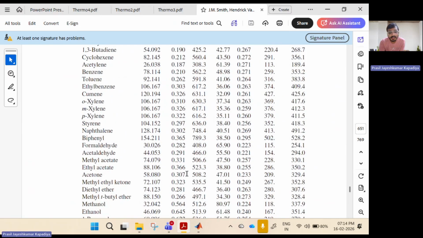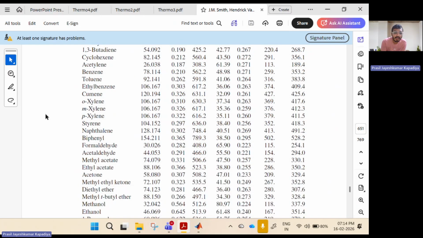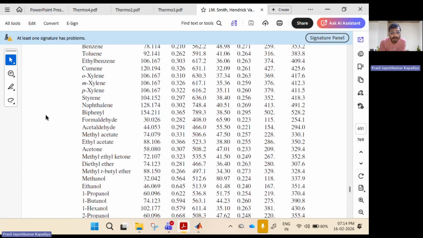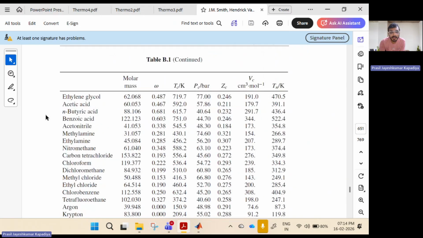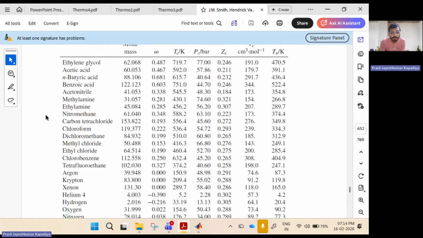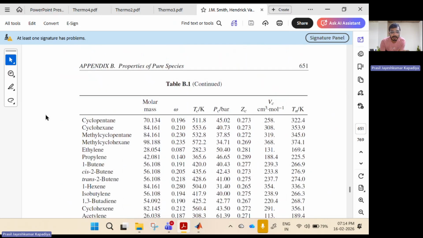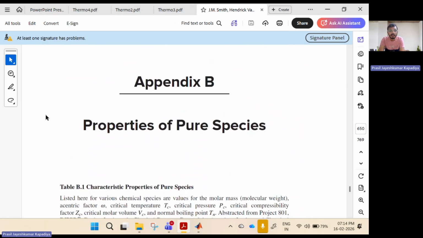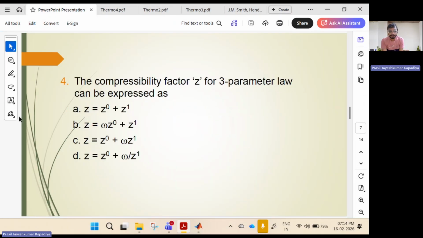So these are for when you are supposed to find the value of omega from some tables, for your project or some kind of questions where you are not given omega. So you need to find the value of omega from this particular table, that is from the book Introduction to Chemical Engineering Thermodynamics by Smith. Okay, so let's move ahead.